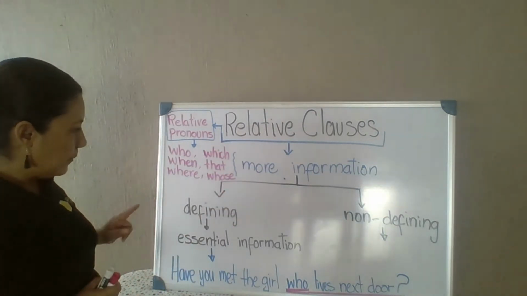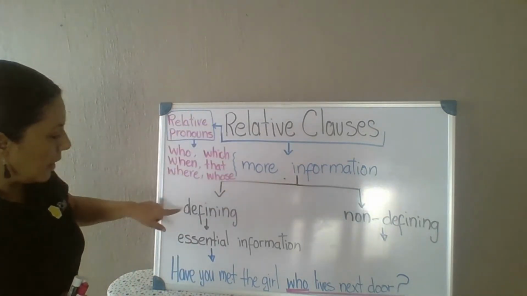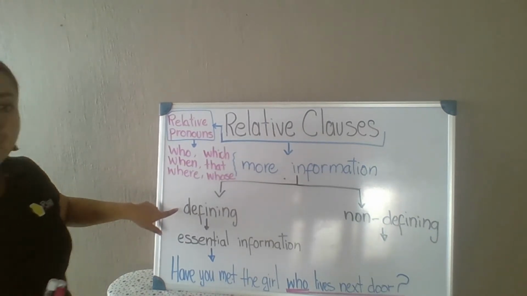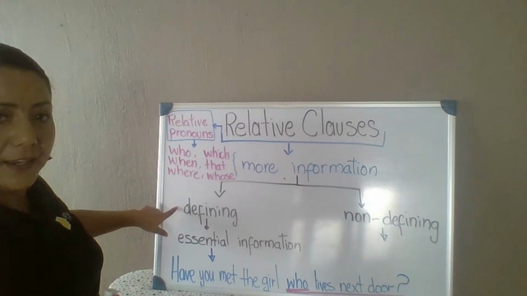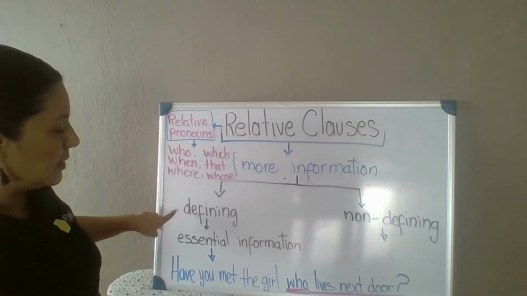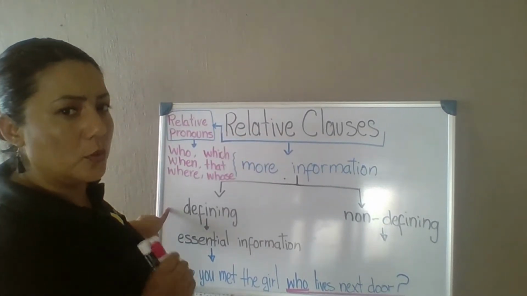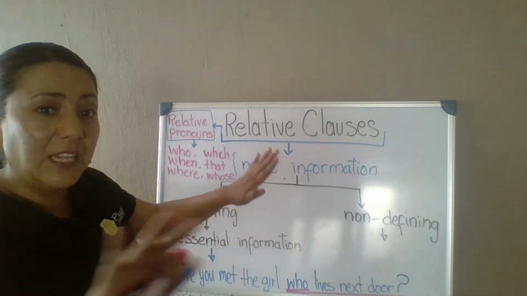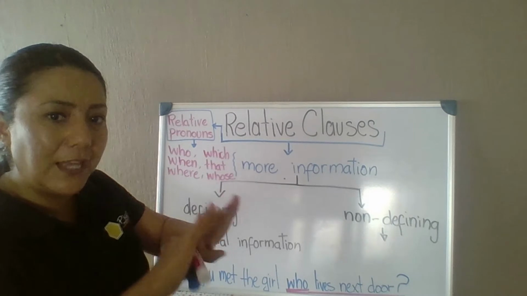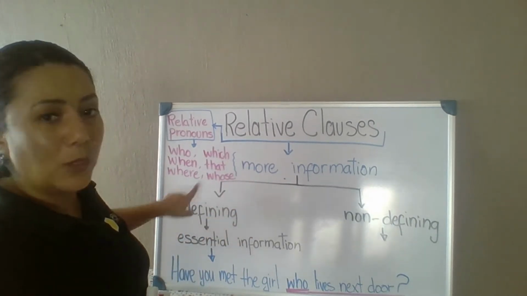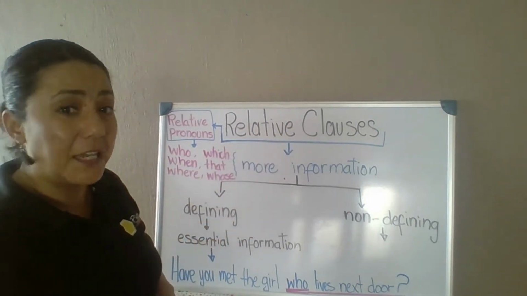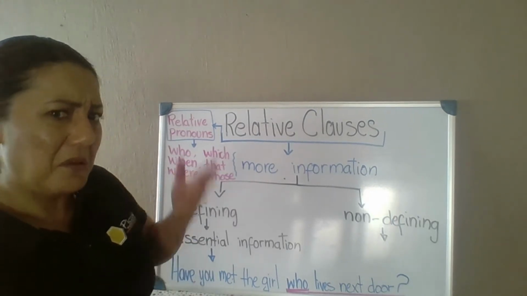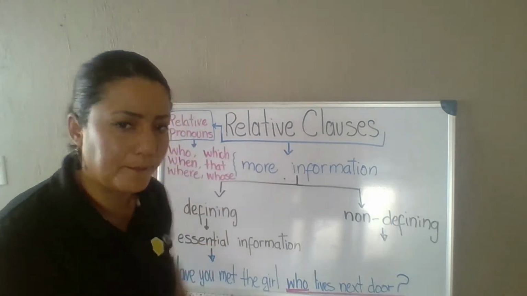Good job. Now, we're talking about defining relative clauses. And we said defining relative clauses are super, super important, because if we eliminate defining relative clauses, the sentence is not clear. The sentence does not make sense. So let's take a look at that.